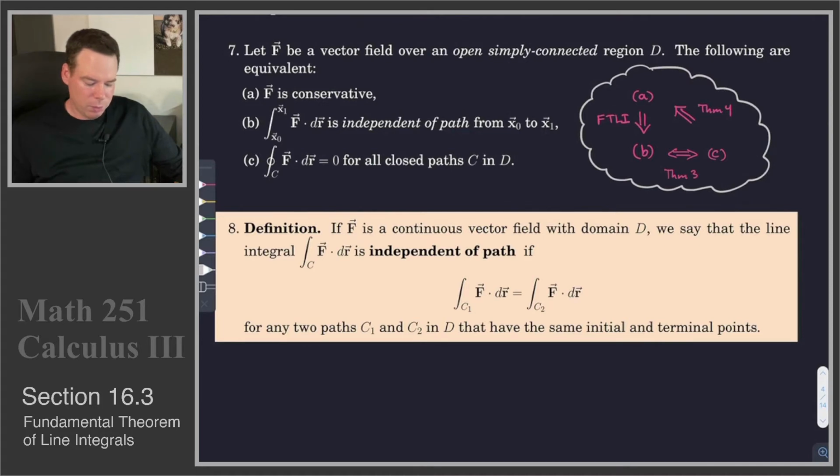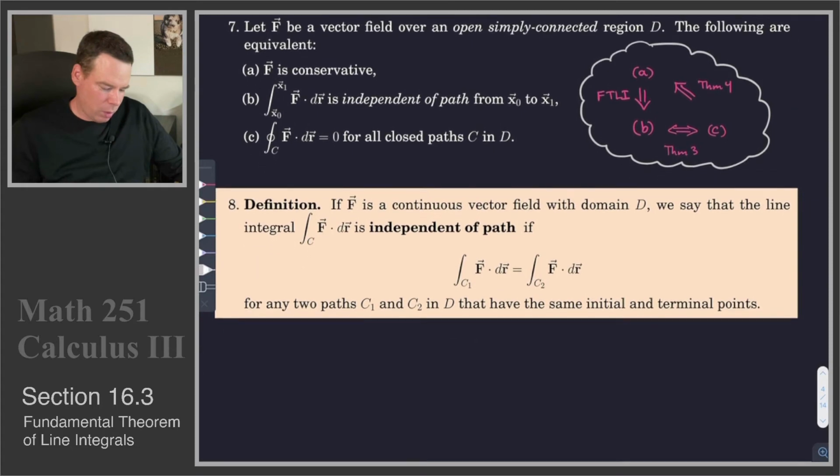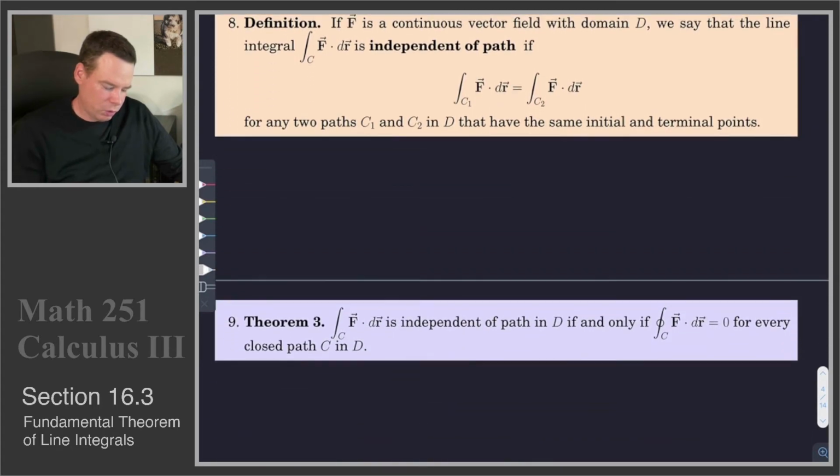But we are going to prove B is equivalent to C and C implies A. And so this gives us our properties of conservative vector fields. Conservative vector fields are precisely those vector fields for which, when you're interested in open simply connected domains, they are the vector fields where integrals are path independent, integrals over closed curves are 0. So those are our properties of conservative vector fields.